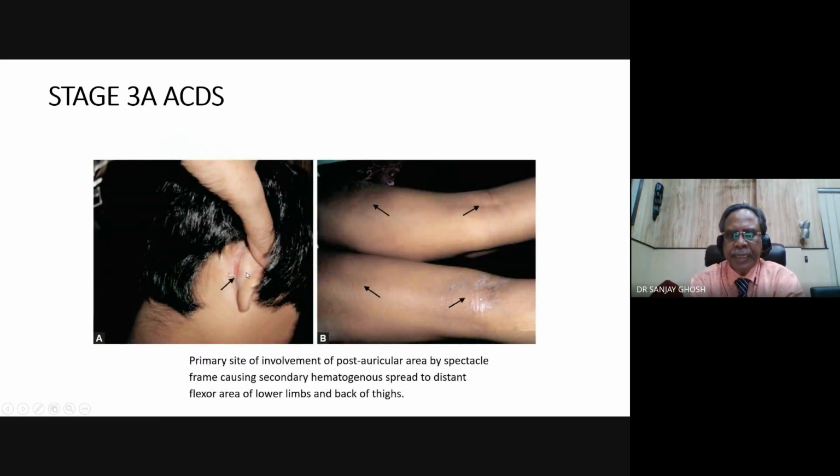This is a case of contact dermatitis in a child due to nickel, with distant spread, flexural, and this is sometimes misdiagnosed as atopic dermatitis. After doing a patch test and stopping nickel, ultimately the patient was cured. So this type of lesion we are sometimes prompt to diagnose as atopic; that should be stopped.